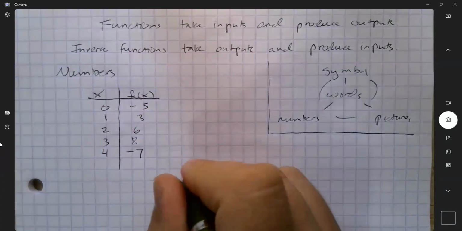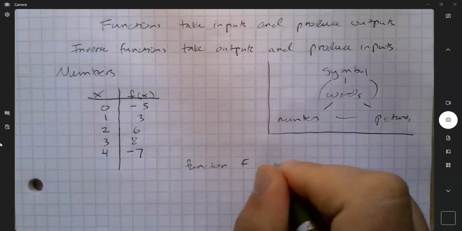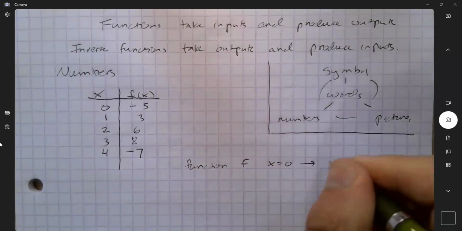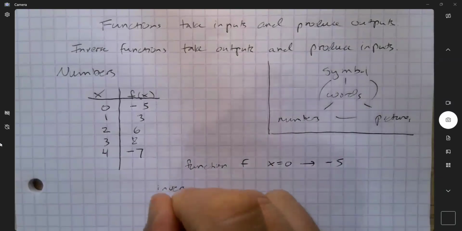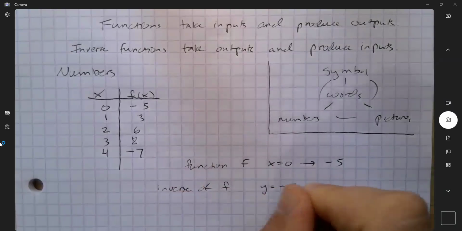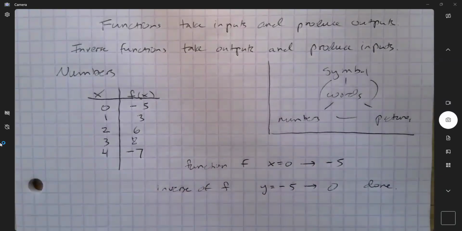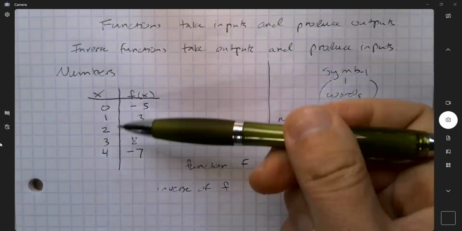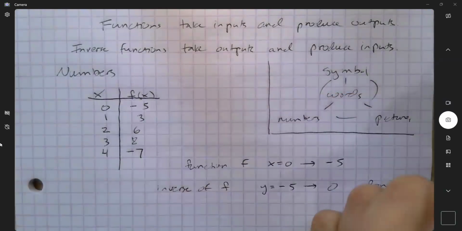Okay, so my function f takes x equals 0 and sends it to -5. My inverse function, the inverse of f, takes y equals -5 and sends it to 0. And that is using an inverse function. You take your output and you find the associated input.